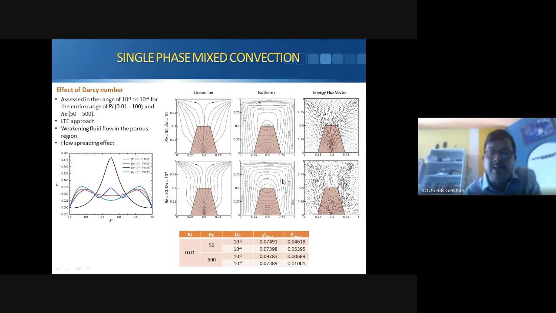This is the clear fluid part, the liquid part, and this is the bed part. So there is a very complex situation, since inside the porous bed the resistance is high. You can see the streamline, isotherm and energy flux vector patterns from here, and you can see the velocity pattern. Typically inside the bed the velocity is less, but outside the bed in the clear fluid part the velocity is very high.